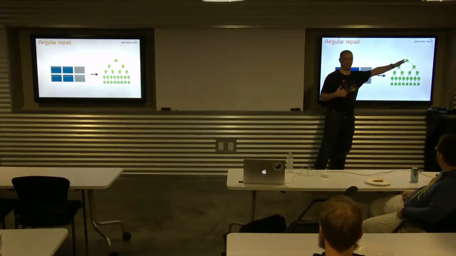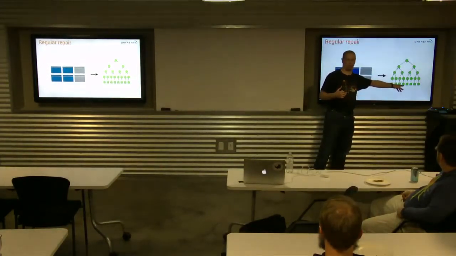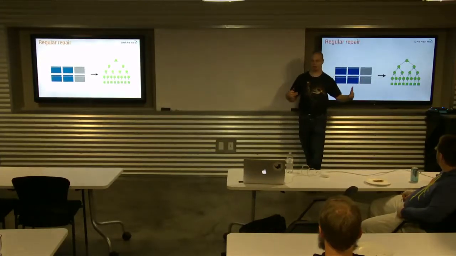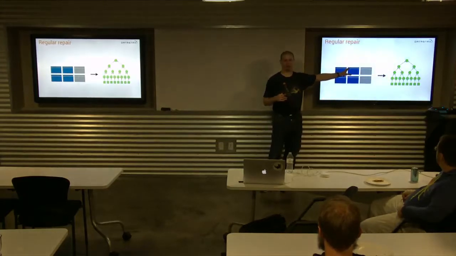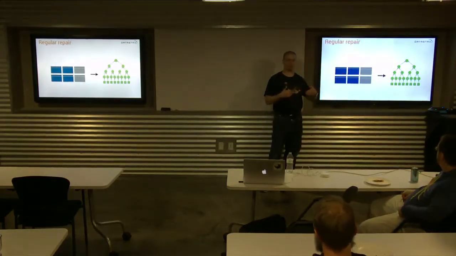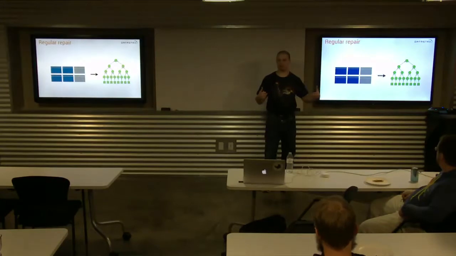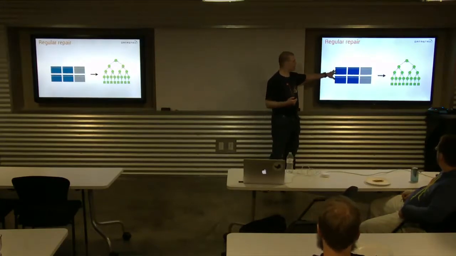If the top of the tree is different, we'll check the left child, we'll check the right child, and drill down until we figure out what block is different, and then we'll transfer that block across the network. So it's very network efficient because we just have to exchange trees, and then we exchange the data that's out of sync.